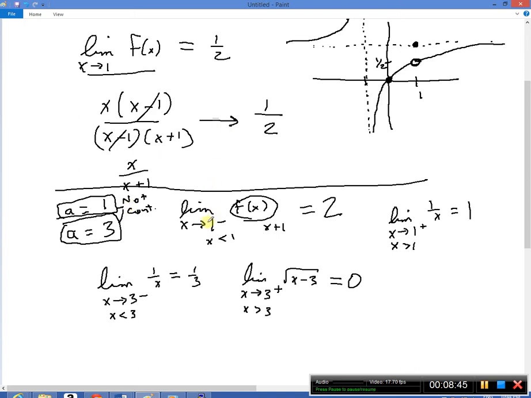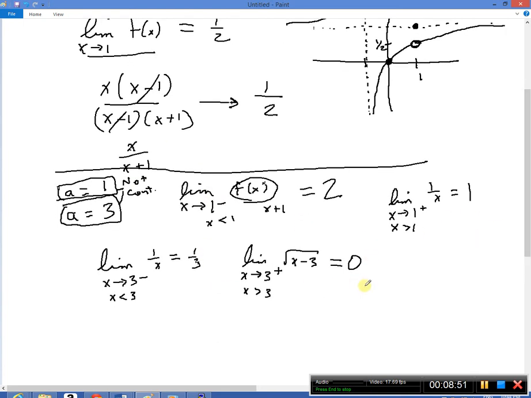However, if you look carefully, it's not on the screen here, but you have to look at your function carefully. It says x less than or equal to 1, you're getting the y value x plus 1.